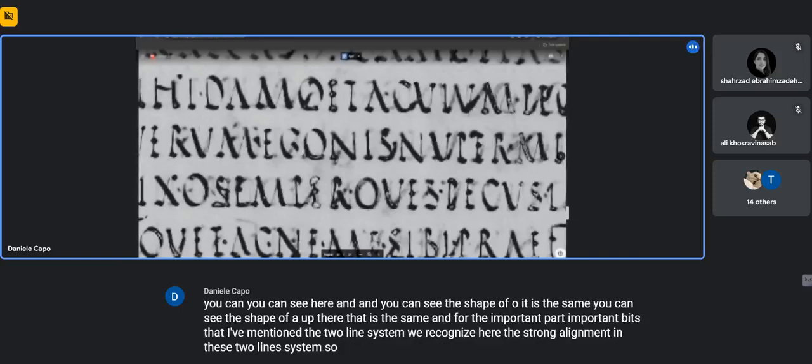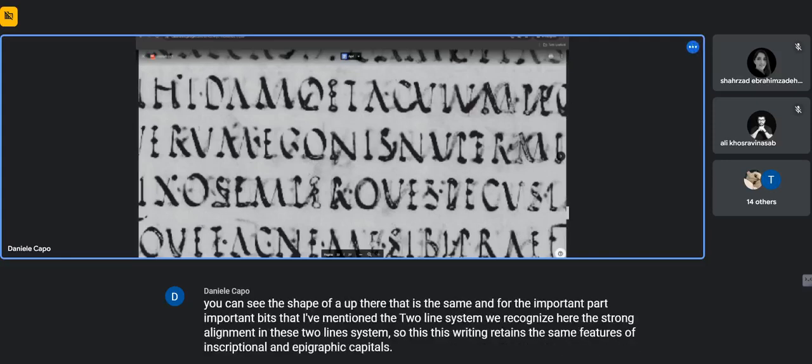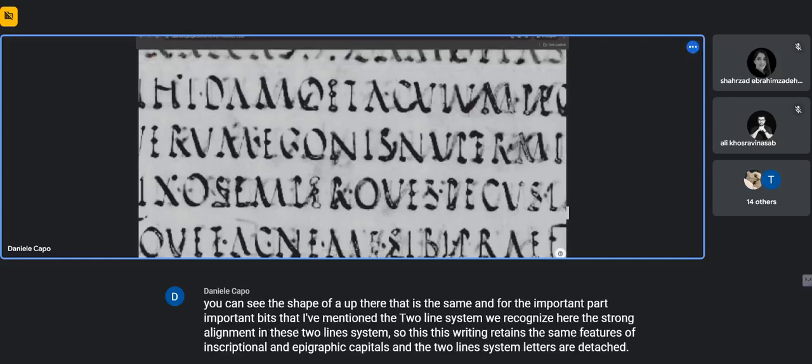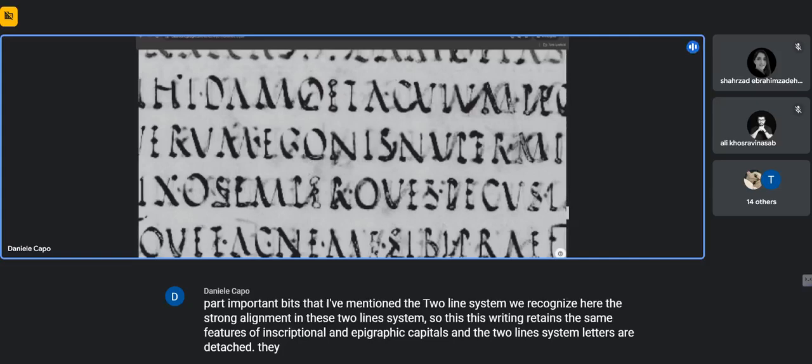So this writing retains the same features of inscriptional and epigraphic capitals. The two-line system, letters are detached. They do not fuse together.